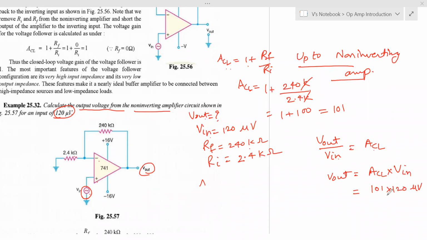Now here, if you don't use the micro, just put it as it is, that is also okay. But if there is a big quantity, you can absorb this micro, that is 10 raised to the power minus 6, in this calculation. So solve this. 101 multiplied by 120. What is the value?